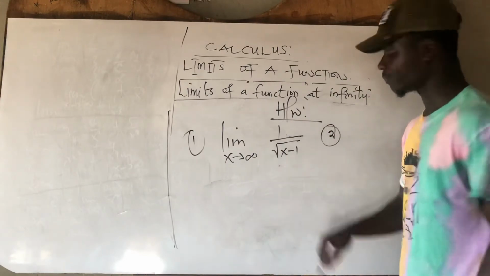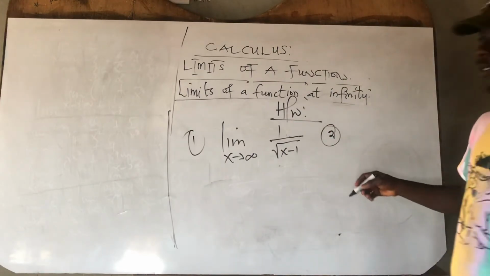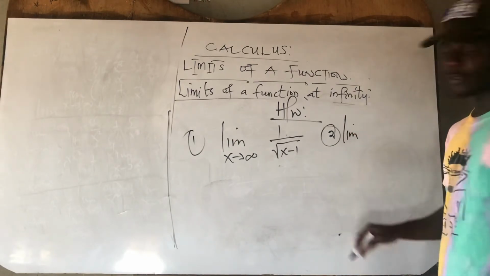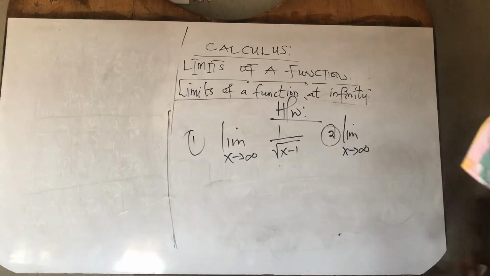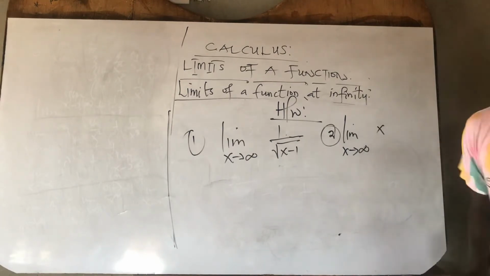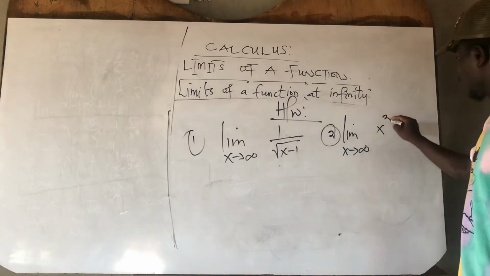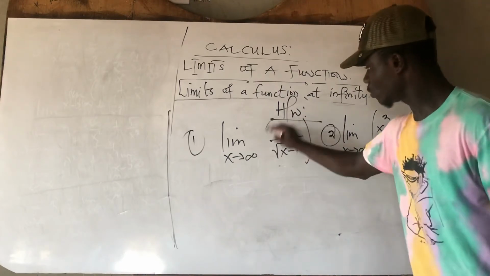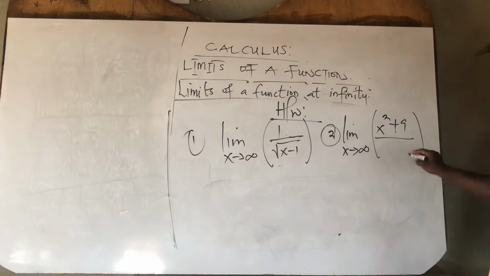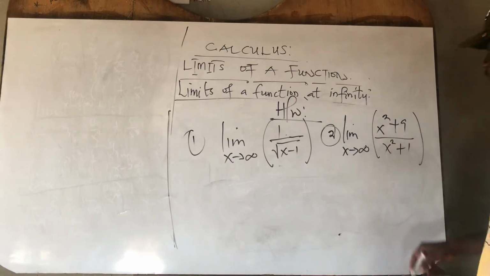Then 2, the limit as x approaches infinity of x squared plus 9 all over x squared plus 1.